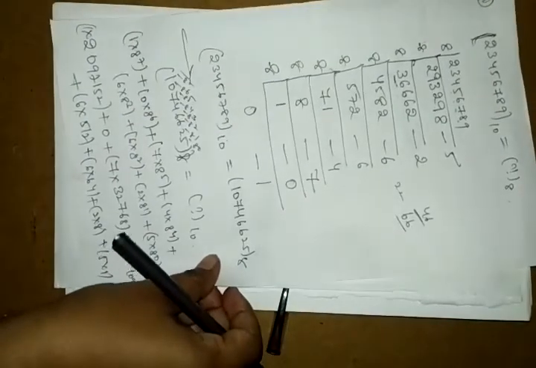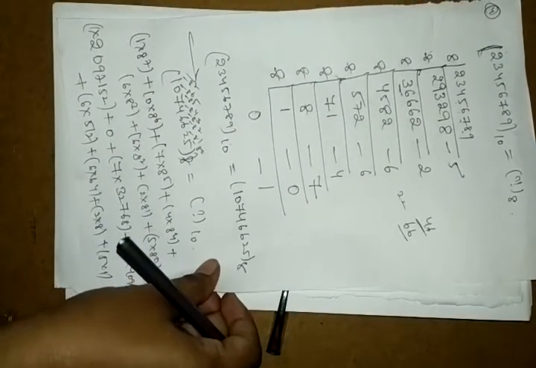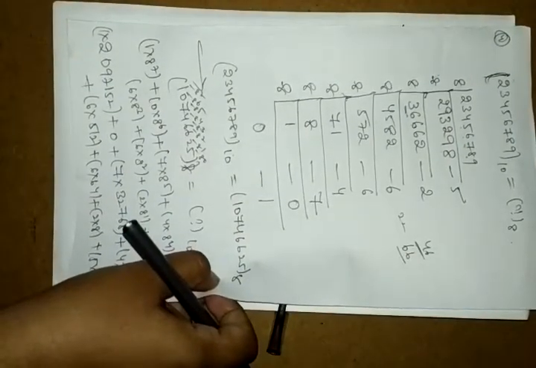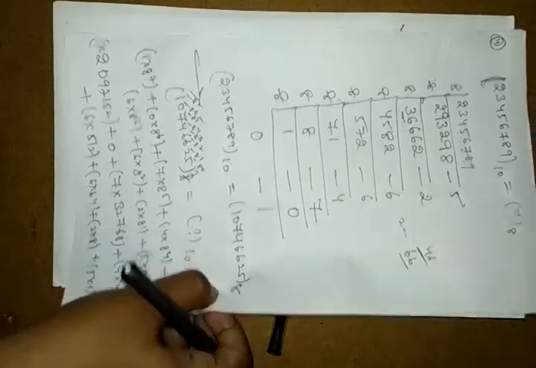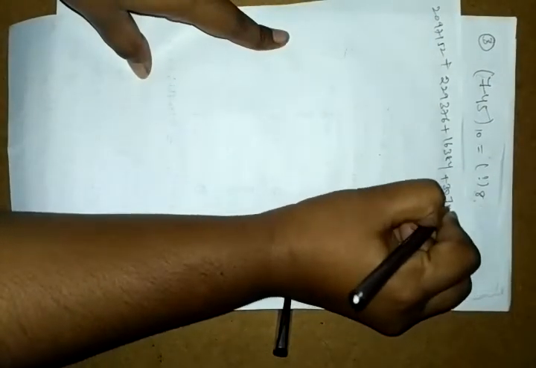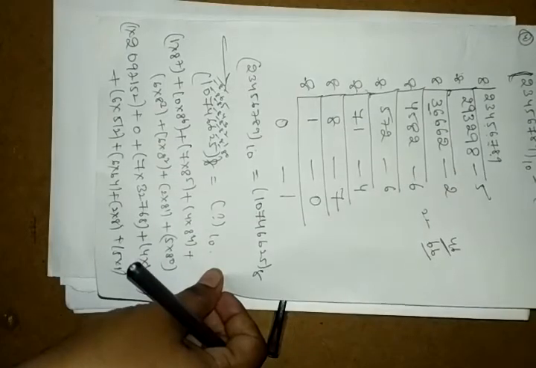Okay, and next here what we have? 6 into 512. 6 into 512 we will get 3072. 3072 plus. Okay, and next here what we have? 64 into 6. 64 into 6 means your 384.